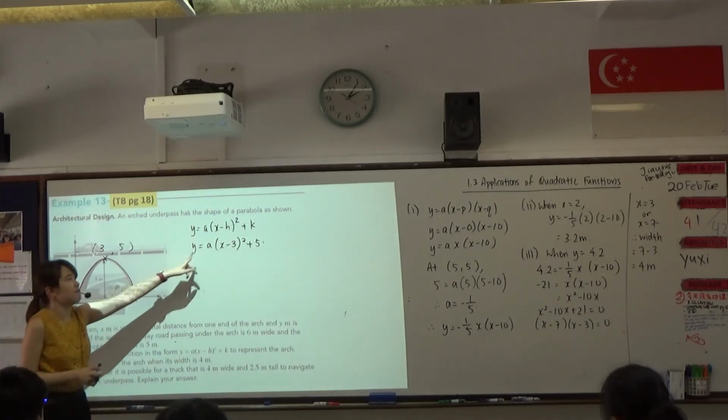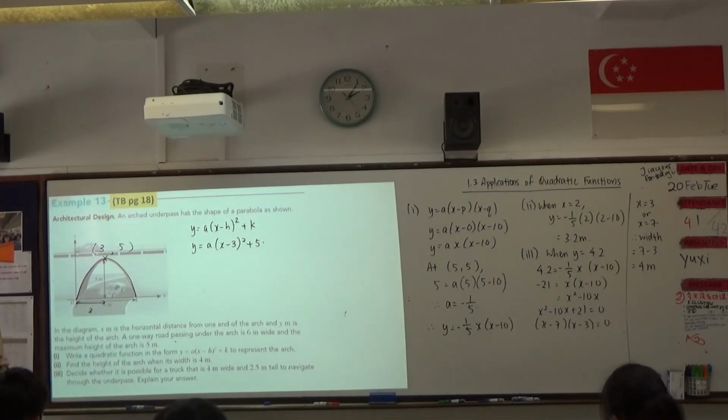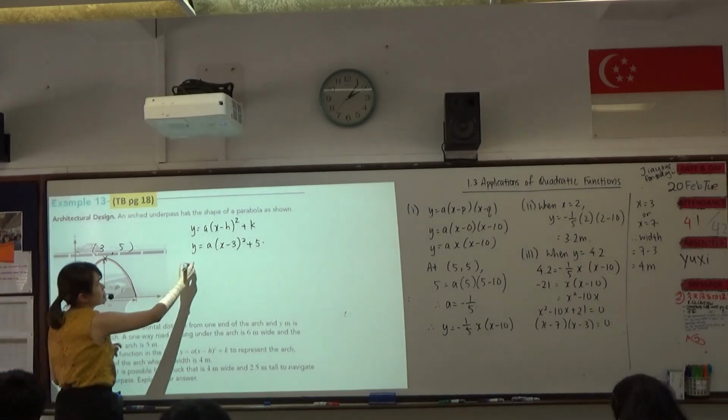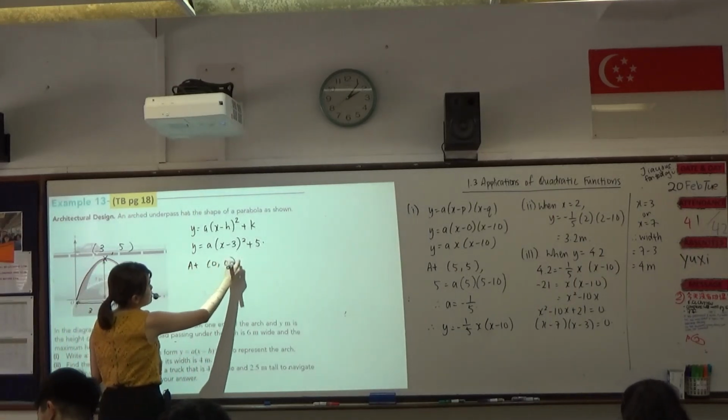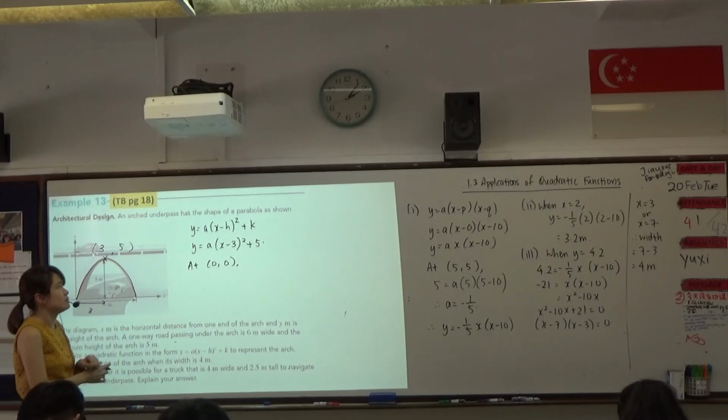Then we need to find out the value of A. How to find the value of A? Several ways to do it. I find that the easiest is that this curve itself starts at 0, 0, the origin, which means x equals 0, y equals 0. So I can just choose the very simple one of considering the point 0, 0.